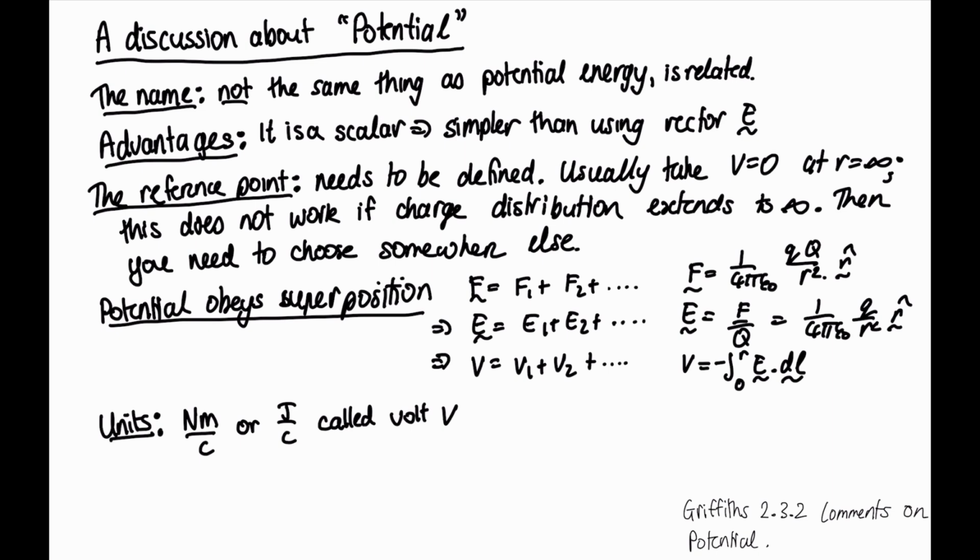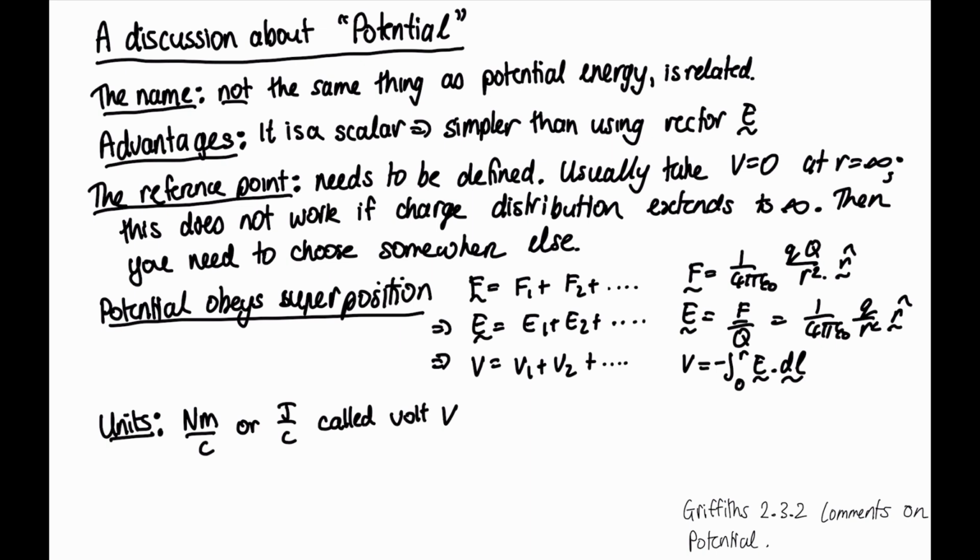Okay, so let's have a bit of a discussion about potential. I'm hoping that you remember most of this stuff from Physics 1B, where you first learnt about electrical potentials. First of all, the name potential is not the same thing as potential energy. It is related, but it's really not the same thing. We'll come to how it's related later.